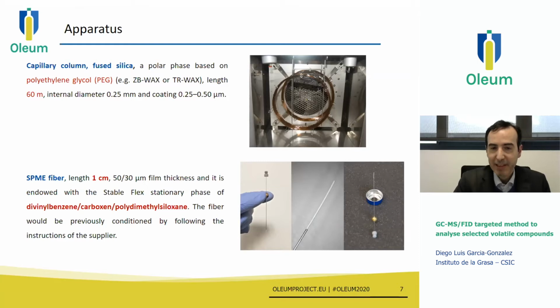It's proven that it is the best for virgin olive oil aroma. And concerning the GC column, we observed at the beginning of the project, when comparing results from different labs, that it is important to keep a length of 60 meters in order to avoid some overlapping and resolution problems of some peaks.